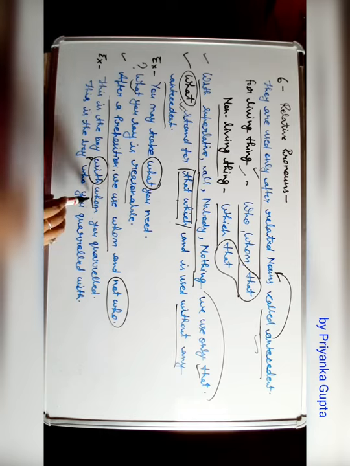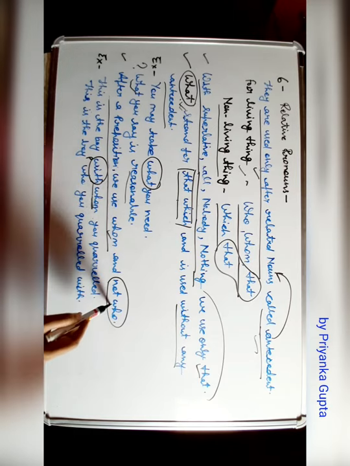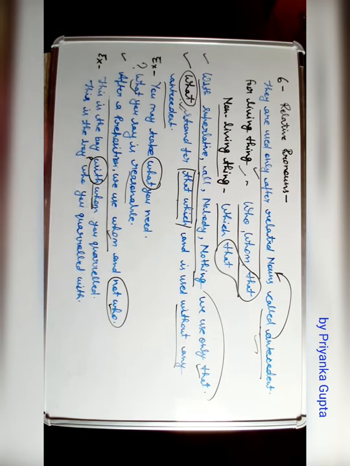So we see that after a preposition there will be use of whom, not who. And in the next example, this is the boy who you quarreled with, because your with is far from your pronoun, so we can use who.